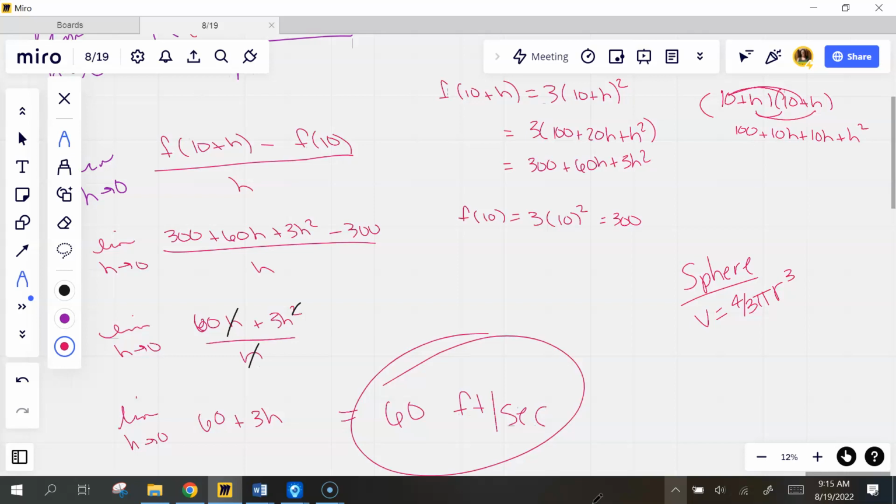So your f of x, if you want to use x, would be 4/3 pi x cubed, right? You're doing difference quotient there for that.